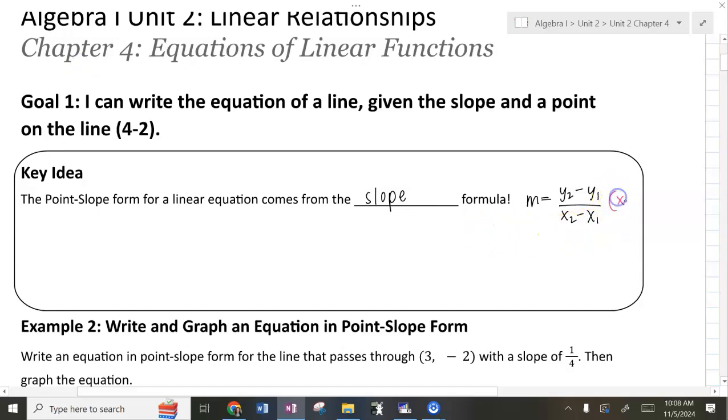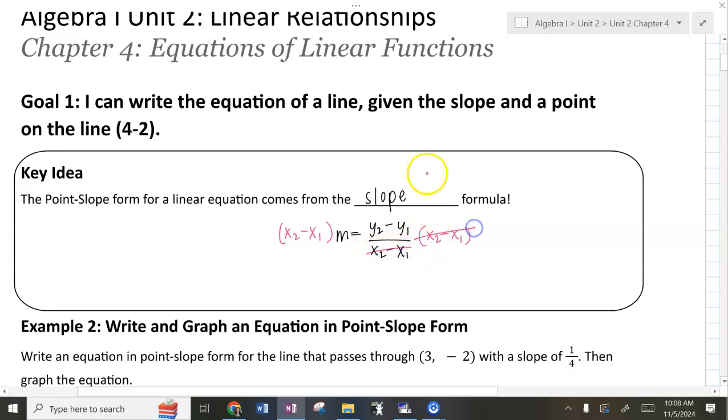When we multiply both sides by x2 minus x1, let me move this over here. It's going to cancel out on the right side. So we would have x2 minus x1 multiplied by the slope equals y2 minus y1.